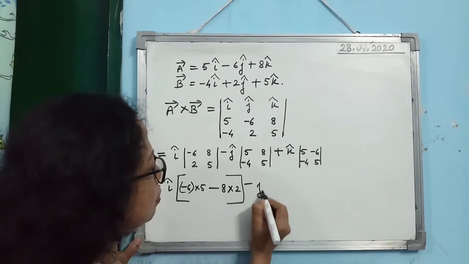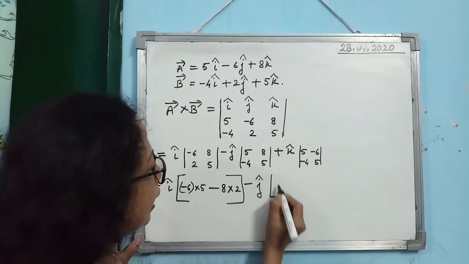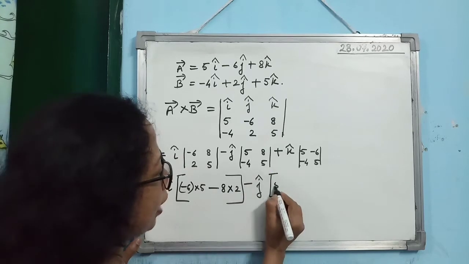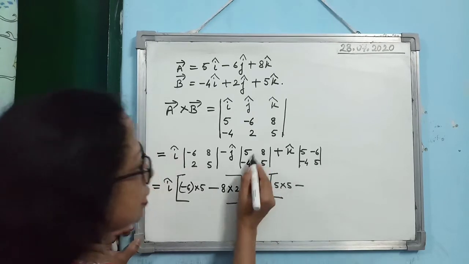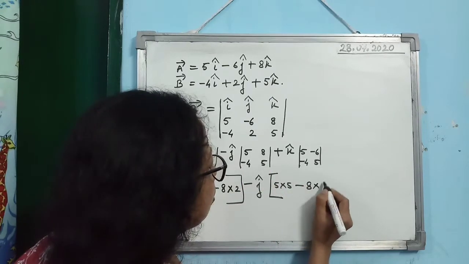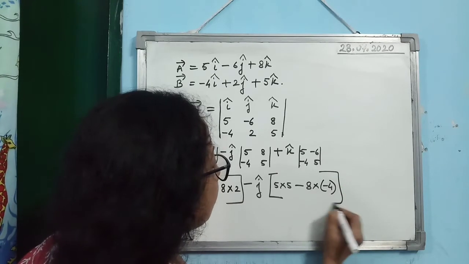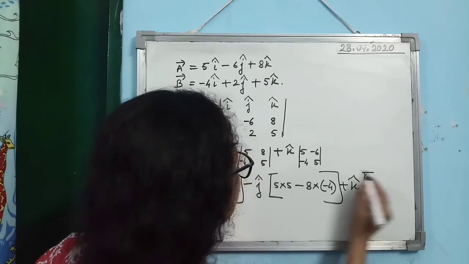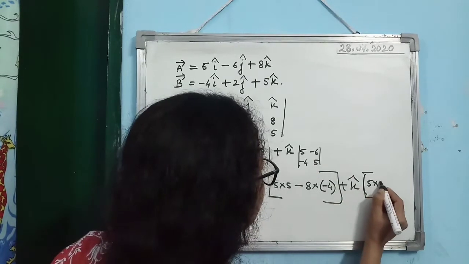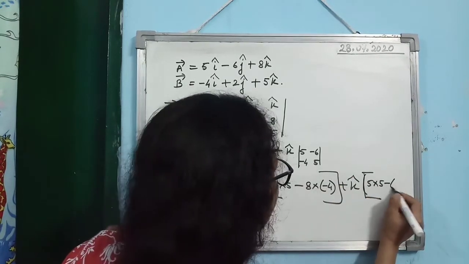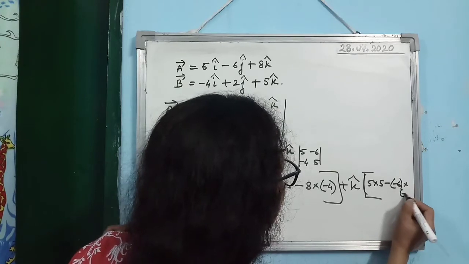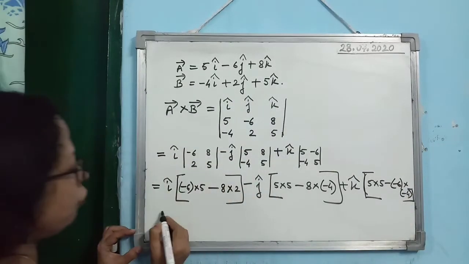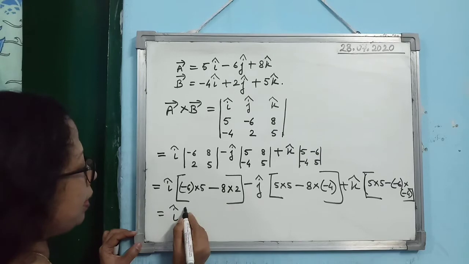Then it is minus J and then it will be 5 into 5, then minus 8 into minus 4. Then come to K, it will be 5 into 5, then minus 6 into minus 4.